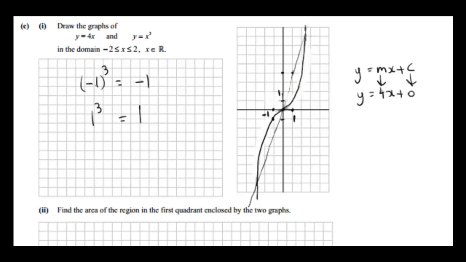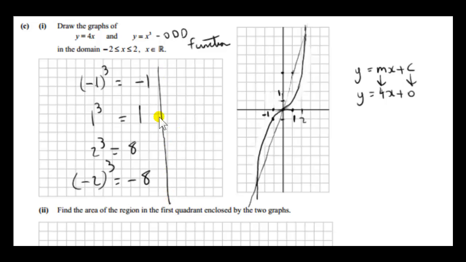Okay, if we take another example, suppose we have 2 cubed. 2 cubed is 8, of course. But minus 2 cubed is minus 8. This thing, y equals x cubed, is called an odd function. I'll explain it by just changing the notation a little bit.